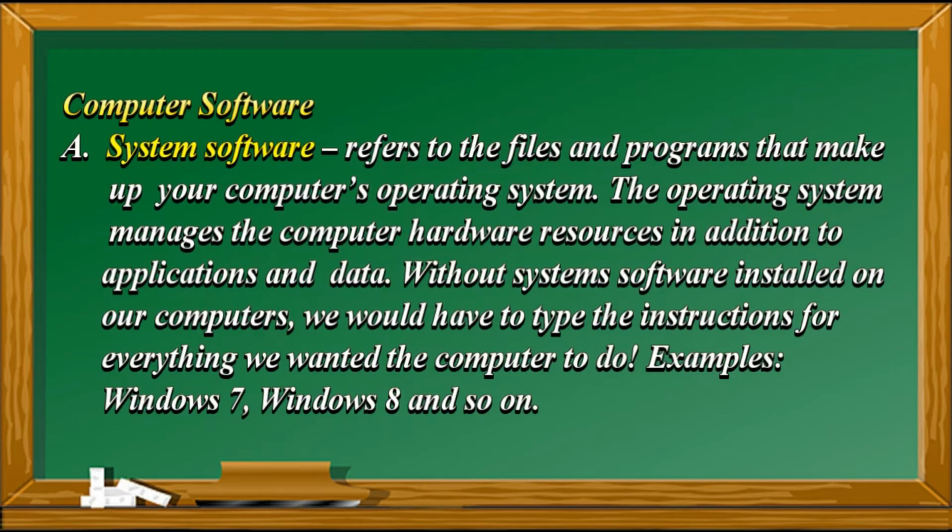The operating system manages the computer hardware resources, in addition to application and data. Without system software installed on our computers, we would have to type the instructions for everything we wanted the computer to do. Examples: Windows 7, Windows 8, and so on.